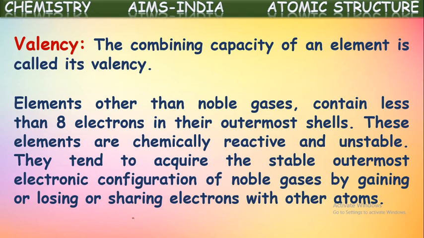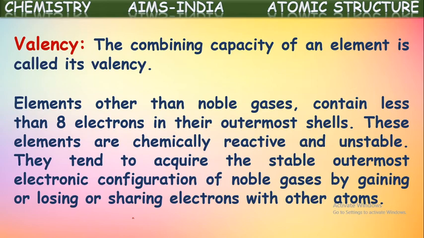So these elements also will try to attain 8 electrons in their outermost shell. That is called the reactivity of these elements. They tend to acquire the stable outermost configuration of noble gases by gaining or losing or sharing electrons with other atoms.